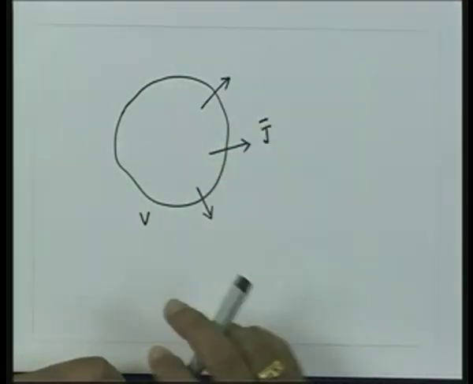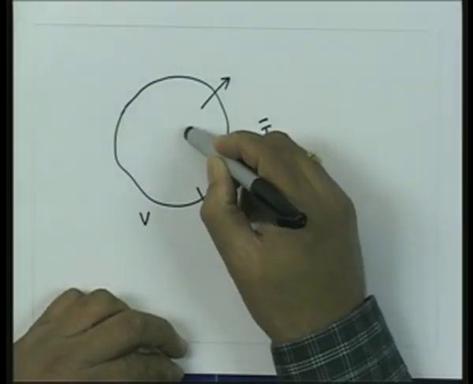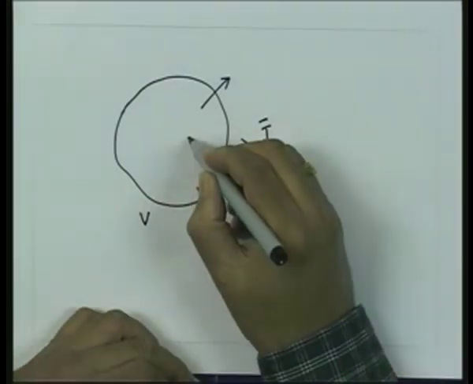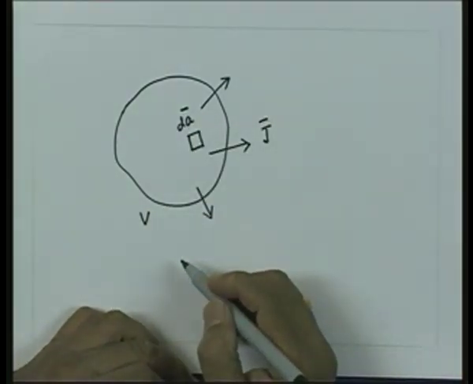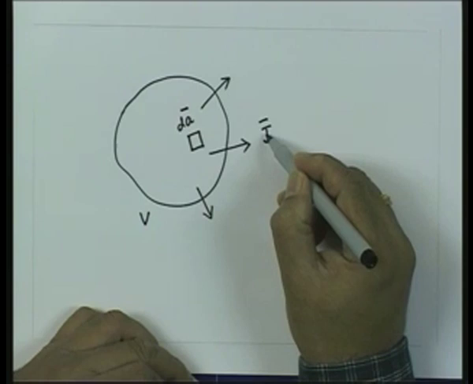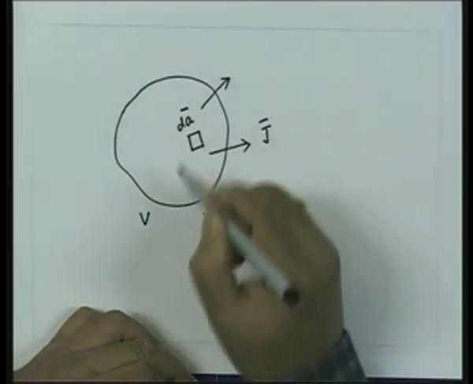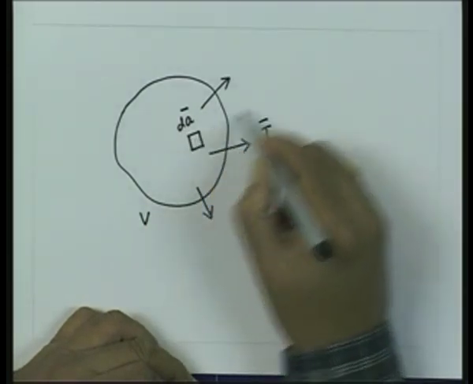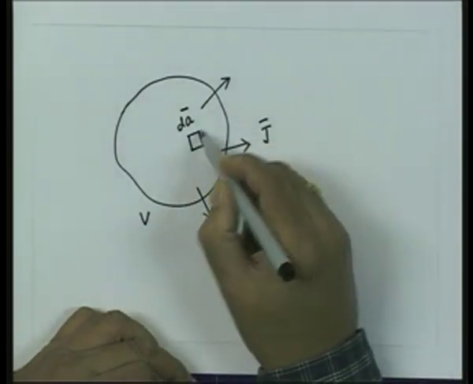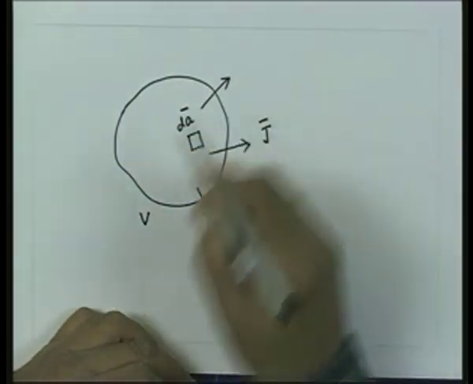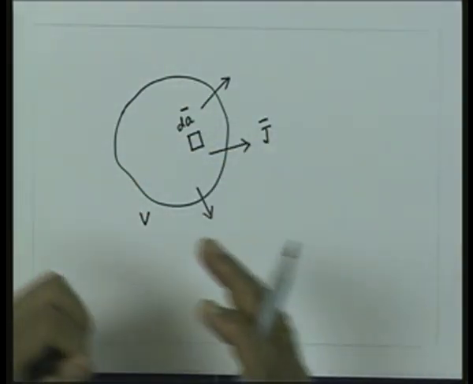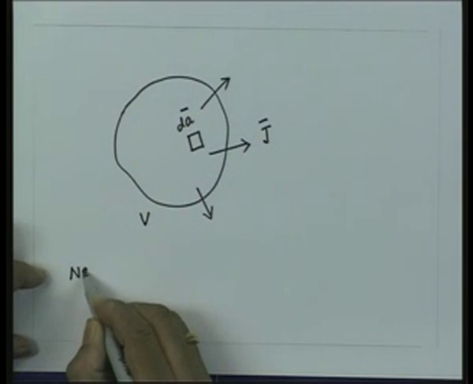Before getting into that, let us say that I have a small infinitesimal area on this surface, which is given by dA. So, if I take the dot product of conduction current density and the area, that gives me the outward current from this infinitesimally small area, and if I integrate that over the entire surface, I get the net outward current from this surface.